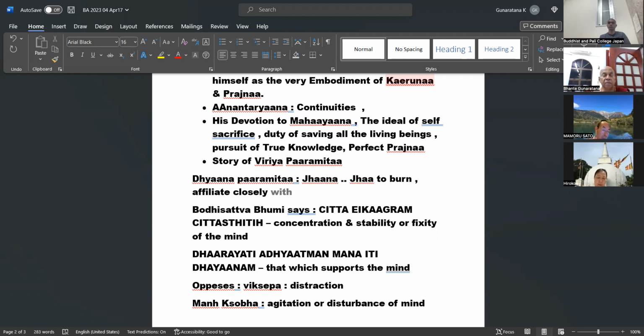It opposes vikshepa, manas vikshepa. Vikshepa means distraction, and manakshova, agitation and disturbance, distractions.